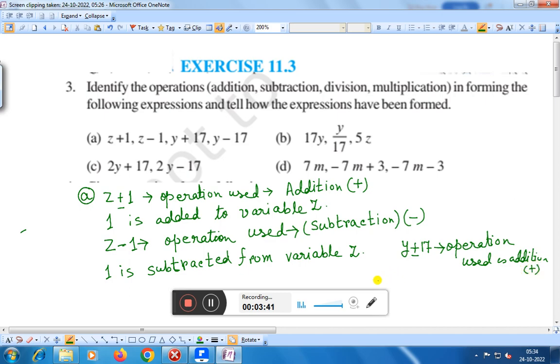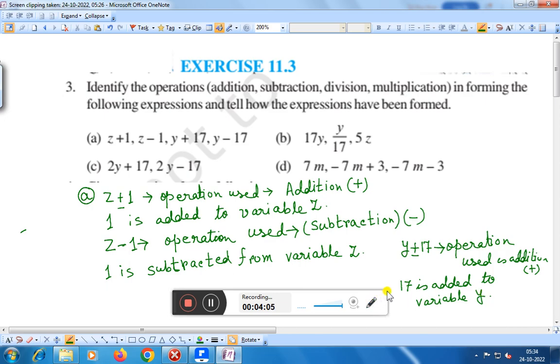And how has the expression been formed? That is 17 is added to variable y.